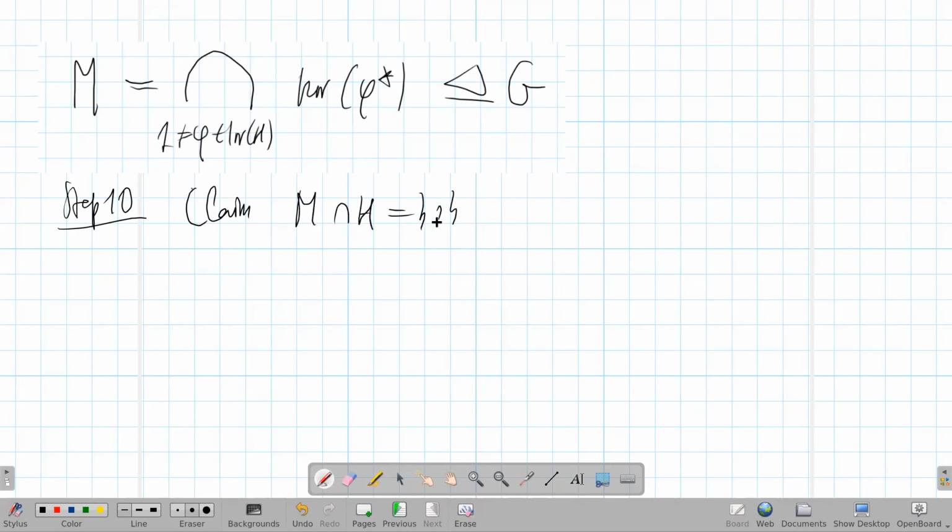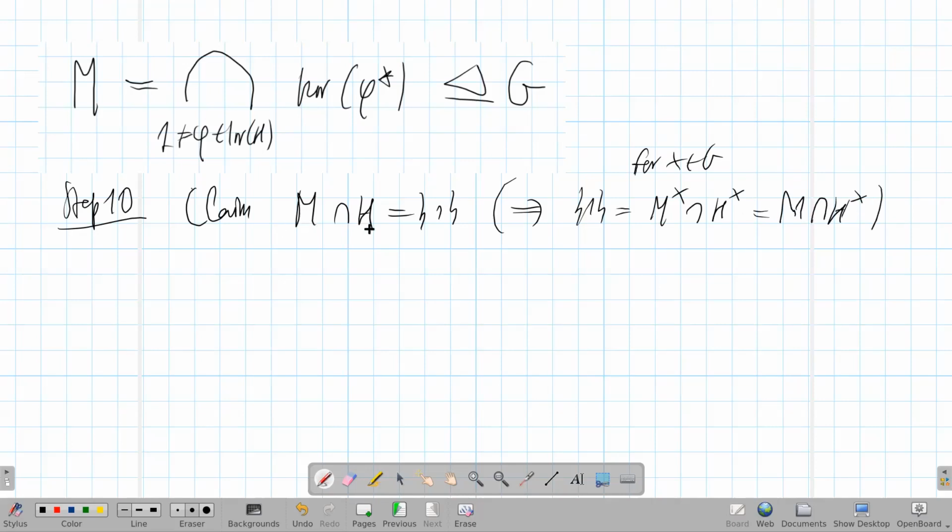Note that once I know this, this will imply what? If you conjugate this with an h, of course, you obtain this for x in G. But remember that M is a normal subgroup because it's an intersection of kernels of characters, which are normal subgroups. And so this is just M intersect H^x. So once we know that M intersects H trivially, it intersects every conjugate of H trivially.